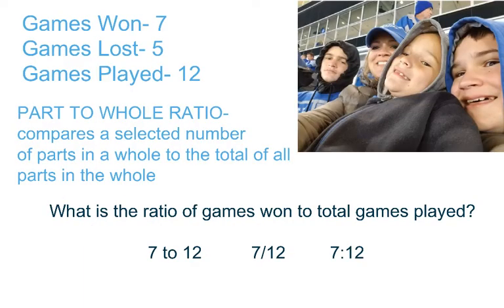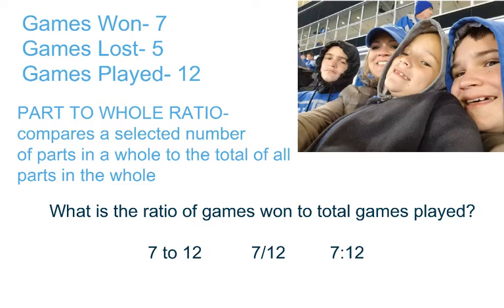Now let's look at games won, games lost, and games played to help us learn about part-to-whole ratios. A part-to-whole ratio compares a selected number of parts in a whole to the total of all parts in the whole.